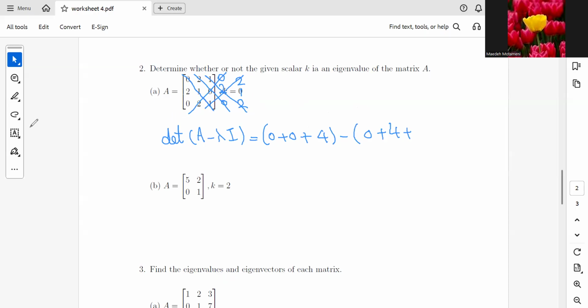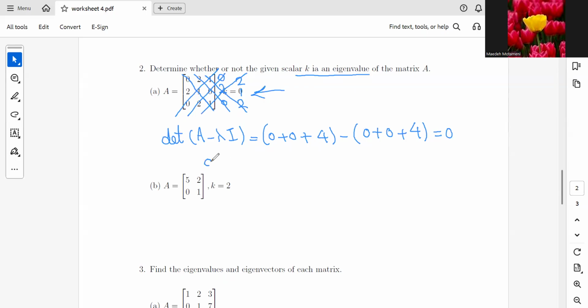Okay, something is wrong here. These are like this, which is 0. These are like this, which is 0. And these ones, which is 4. Altogether, it will be 0. So the determinant of A minus lambda I, based on the question, k or the eigenvalue, which we usually call lambda, will be 0.